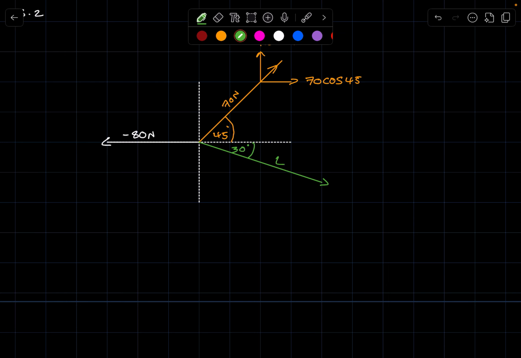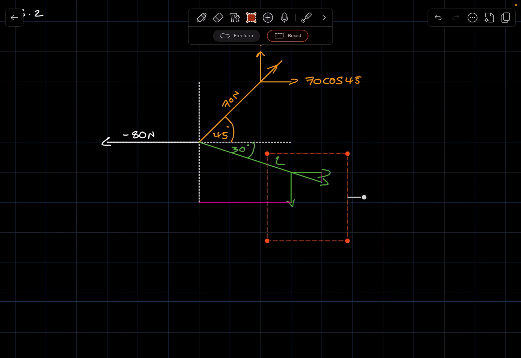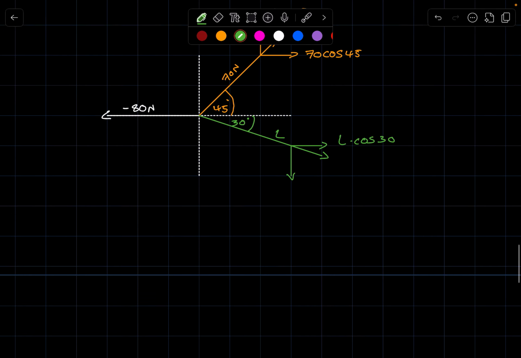So this is L. Now force L is in the fourth quadrant, so its components will be headed in these two directions. The horizontal component is headed east, so positive L cos 30. Its vertical component is headed south, so it's going to be negative L sine 30 degrees.